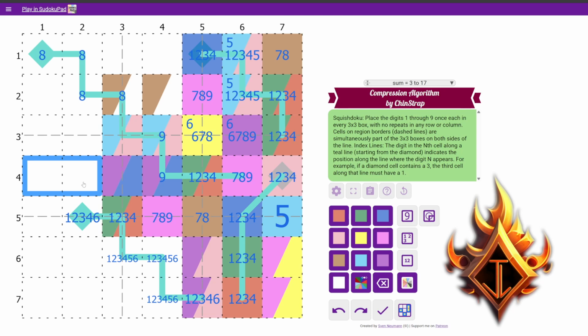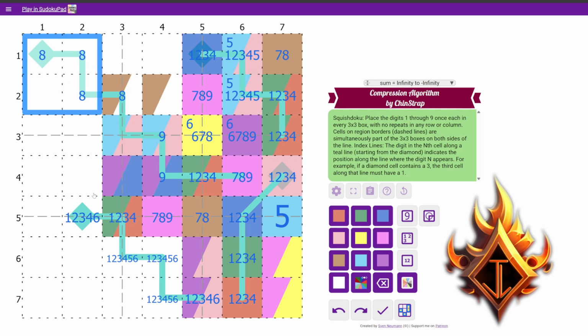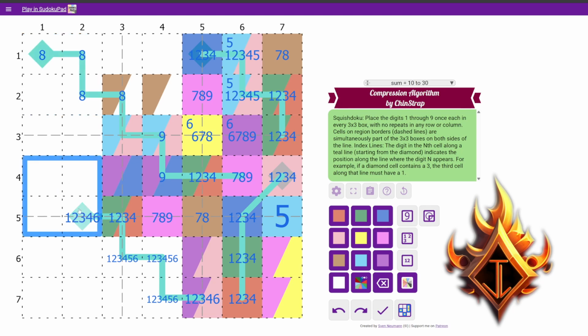So, what about here? It probably has a lot. Yellow's in one of these. Yellow's in one of those.